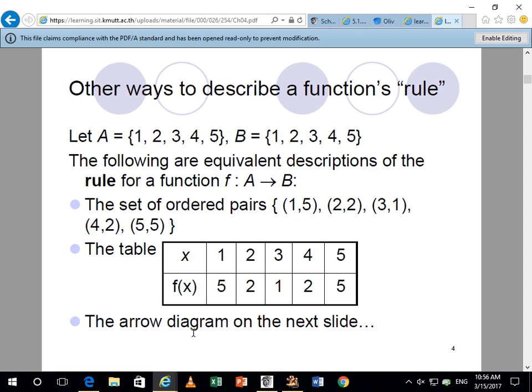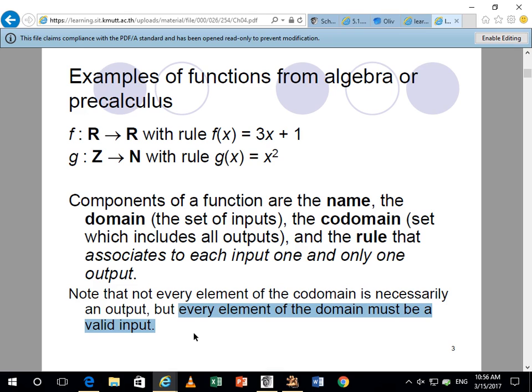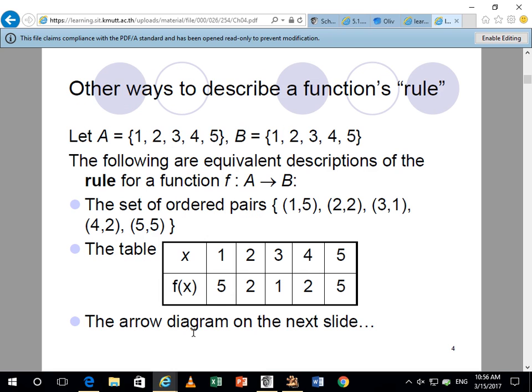Okay, so anyway, other ways to describe a function, besides the rules we talked about here, which is a rule for function f, for function g. Let's say we start with two given sets, A and B. A consists of elements 1, 2, 3, 4, 5, which are integers or natural numbers, depending on how you look at it. And B is also 1, 2, 3, 4, 5.